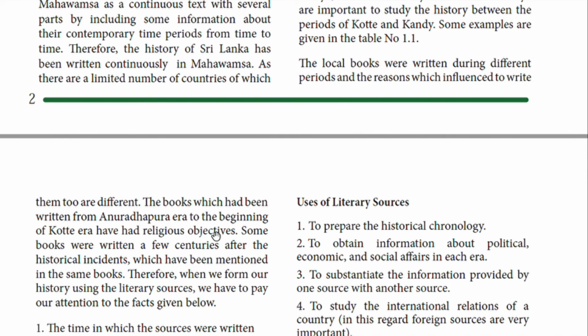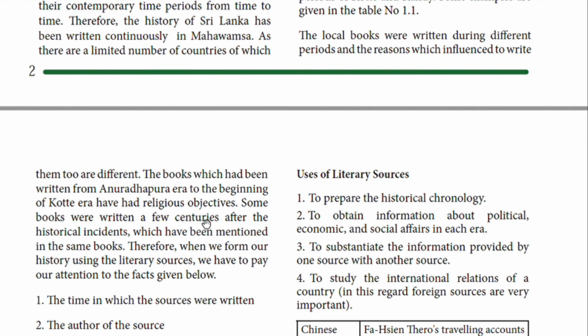We can see there are religious objectives in those literary sources. Some books were written a few centuries after the historical incidents which have been mentioned in the same books.